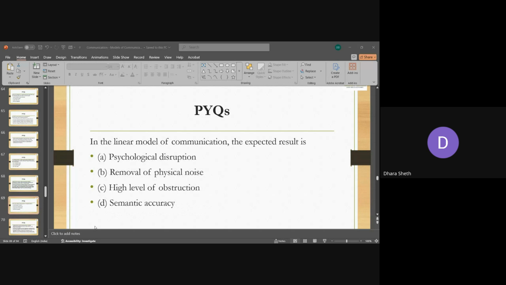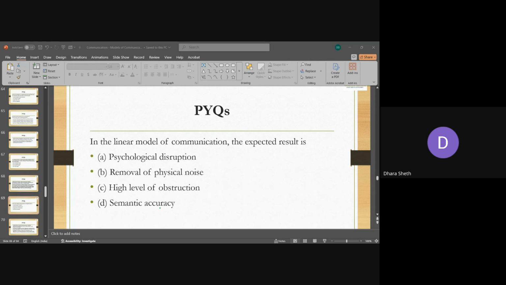Psychological disruption: psychologically, you disrupt the message. Removal of physical noise: there is no noise. Does that happen in the linear model? High level of obstruction. Semantic accuracy is that the words are accurate.